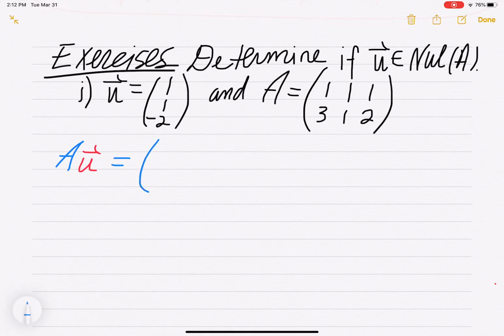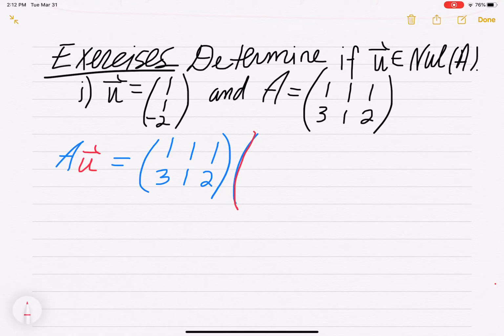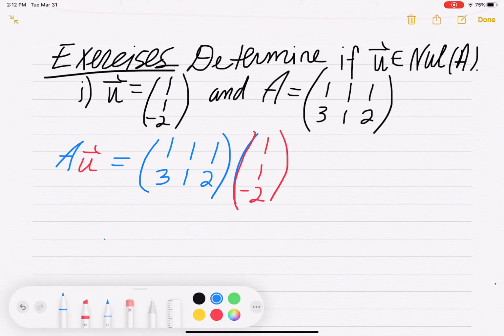So what do we got? The matrix with columns 1, 3, and 1, 1, and 1, 2, multiplied by the vector 1, 1, negative 2. Remember how matrix vector multiplication works.